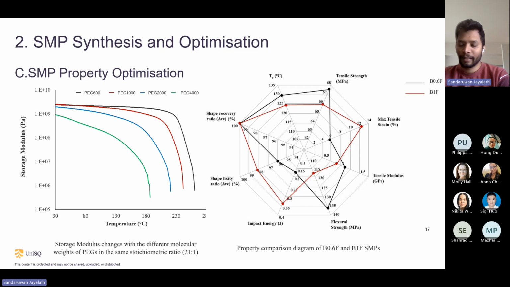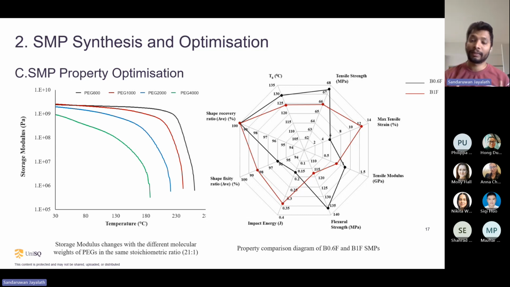And we did many mechanical tests, shape memory recovery and fixity tests, and a few other high temperature tests as well. Both of them performed really well, because a higher molecular weight basically increases the toughness of the material, the toughness of the cyanate ester. But with lower molecular weight polyethylene glycol, it's not as good as the polyethylene glycol 1000.